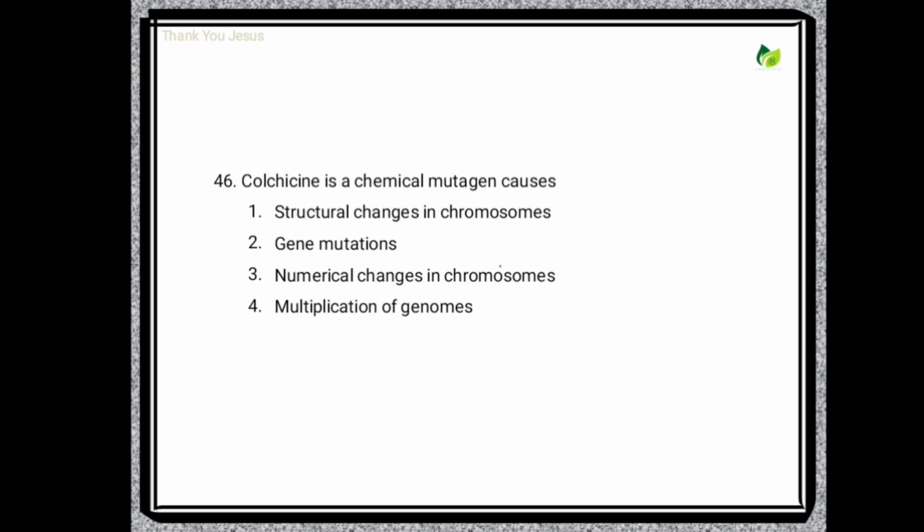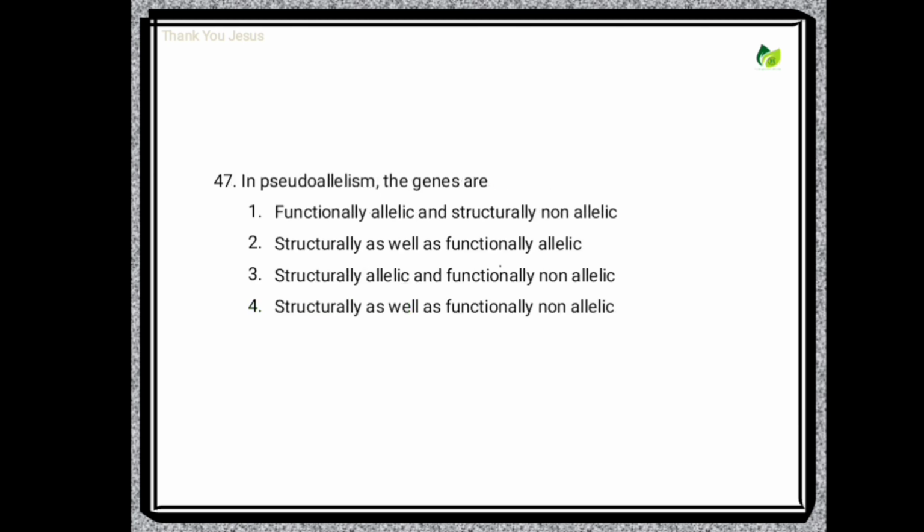Colchicine is a chemical mutagen that causes. Options are structural changes in chromosomes, gene mutations, numerical changes in chromosomes, multiplication of genomes. The correct answer is multiplication of genomes, because it is generally used for chromosome doubling. Next question.